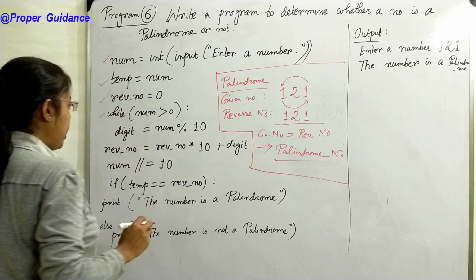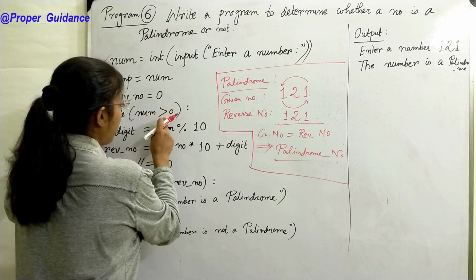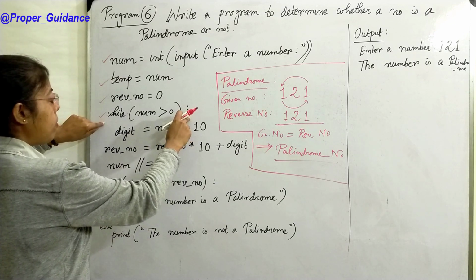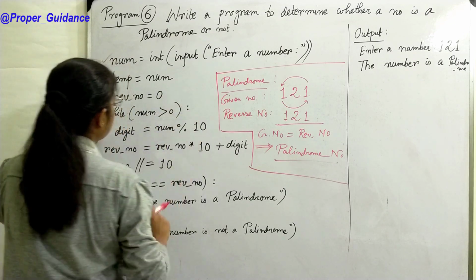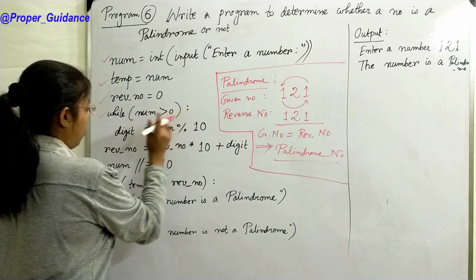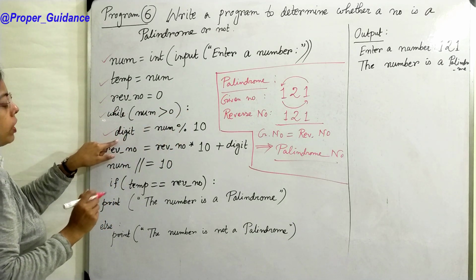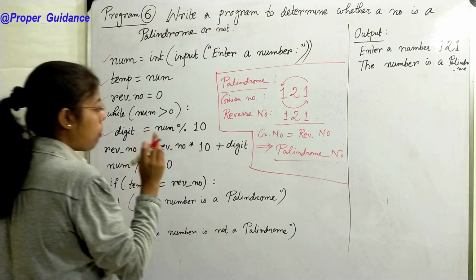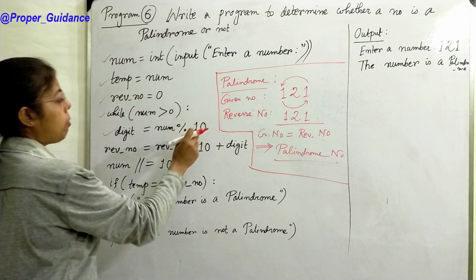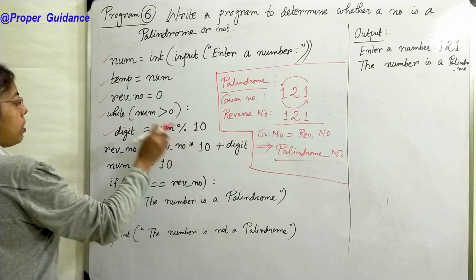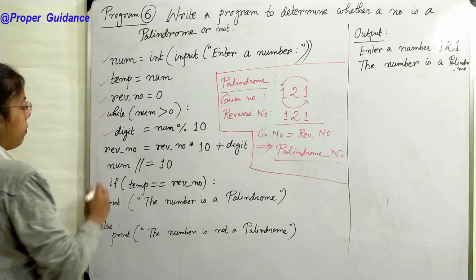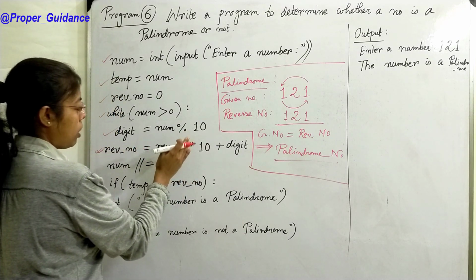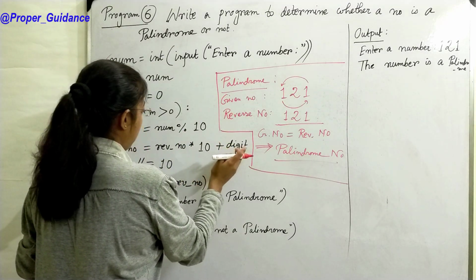Now here is a while loop also. While num greater than 0 colon. This is the syntax of the while loop used in the Python programming language. The colon is a must. Now while num is greater than 0, digit is another variable and in digit we store the modulus of that particular given number, num modulus 10. Now in reverse number we assign reverse number multiplied by 10 plus digit.